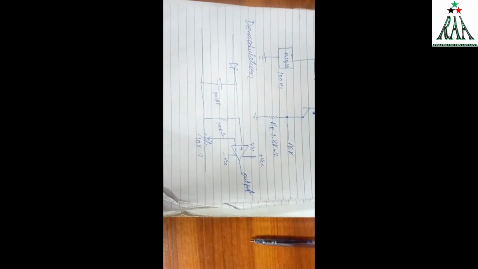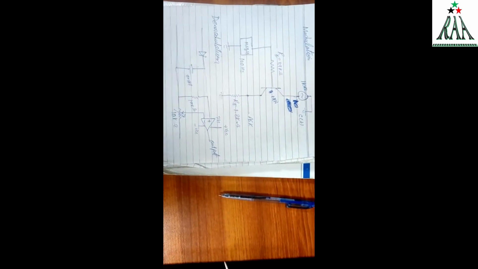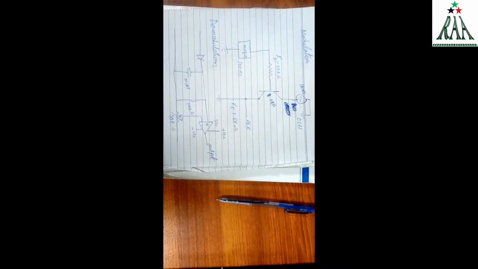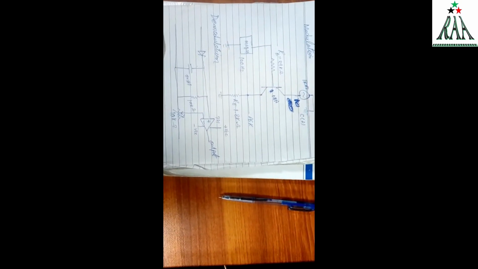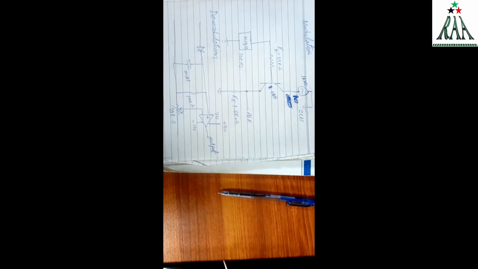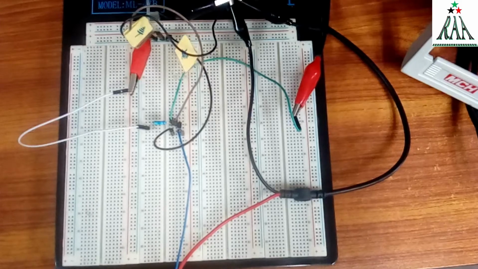Now we will construct these circuits on the breadboard to perform the experiment and generate ASK modulation and demodulation using discrete components.